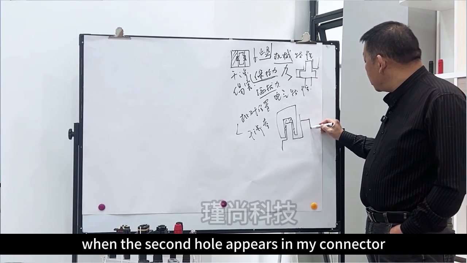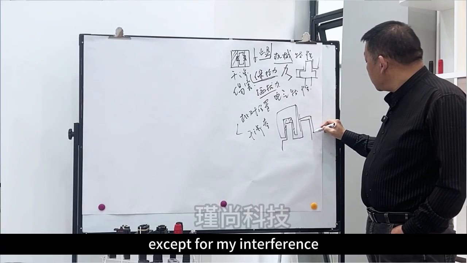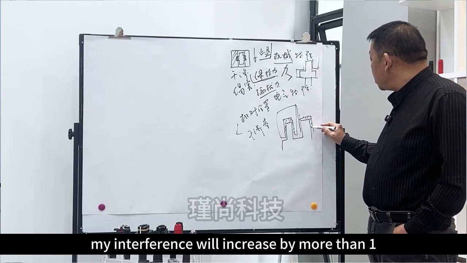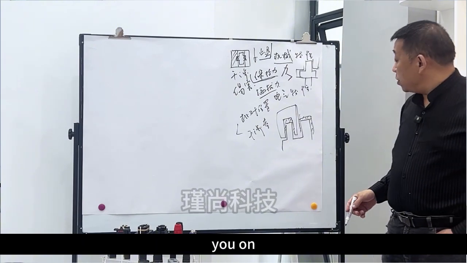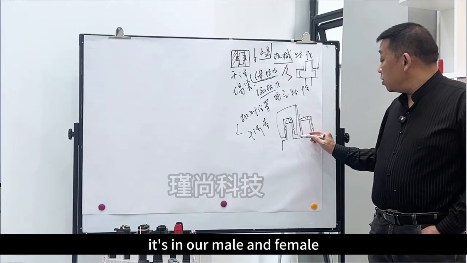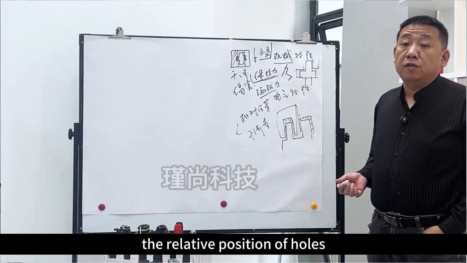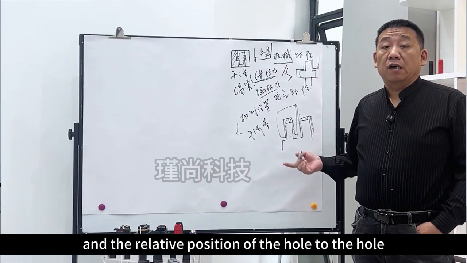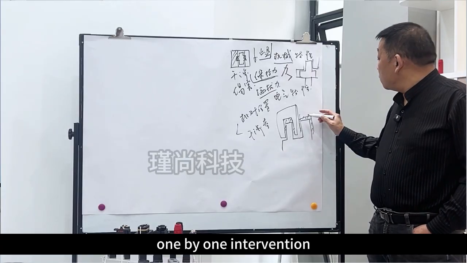When the second hole appears in my connector, the interference will increase, and there will be another dimension. It's in our male and female, the relative position of holes, and the relative position of hole to hole, one by one.